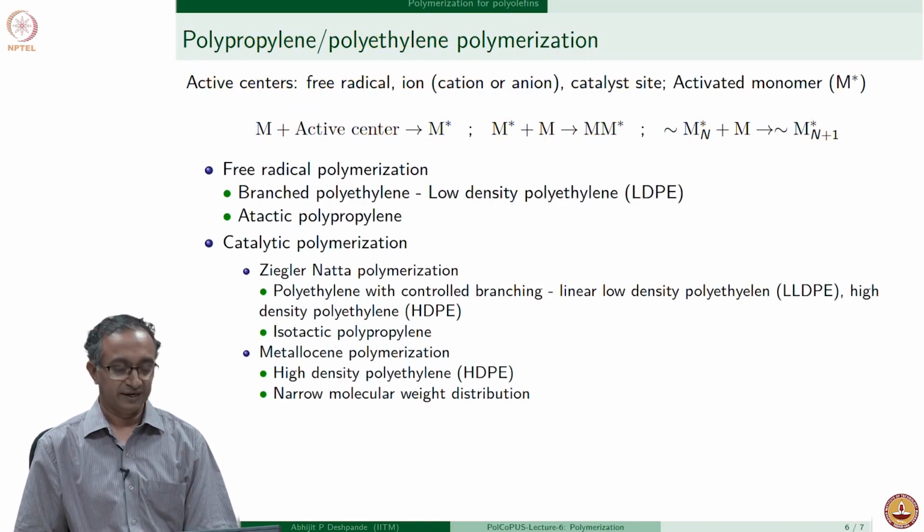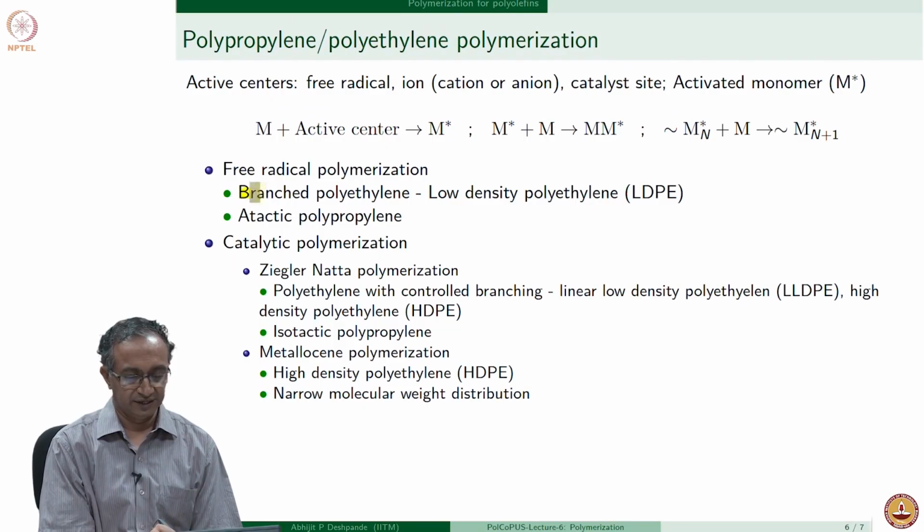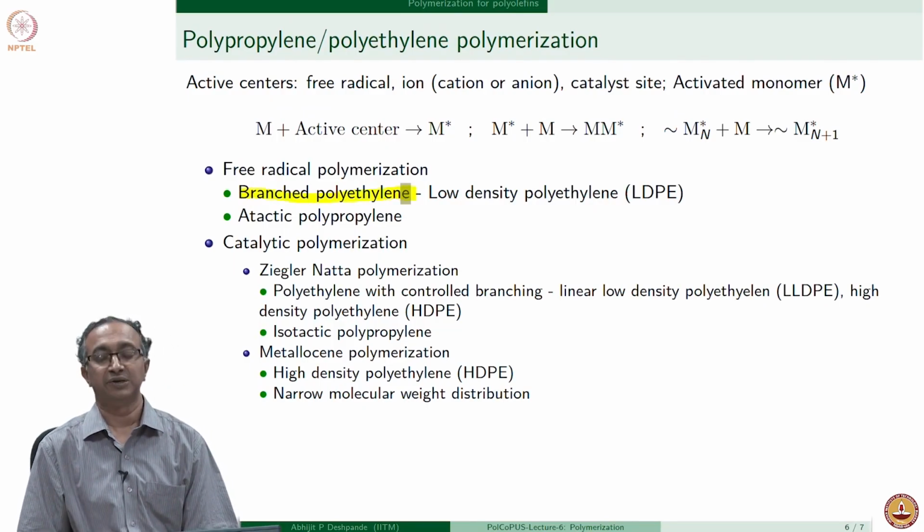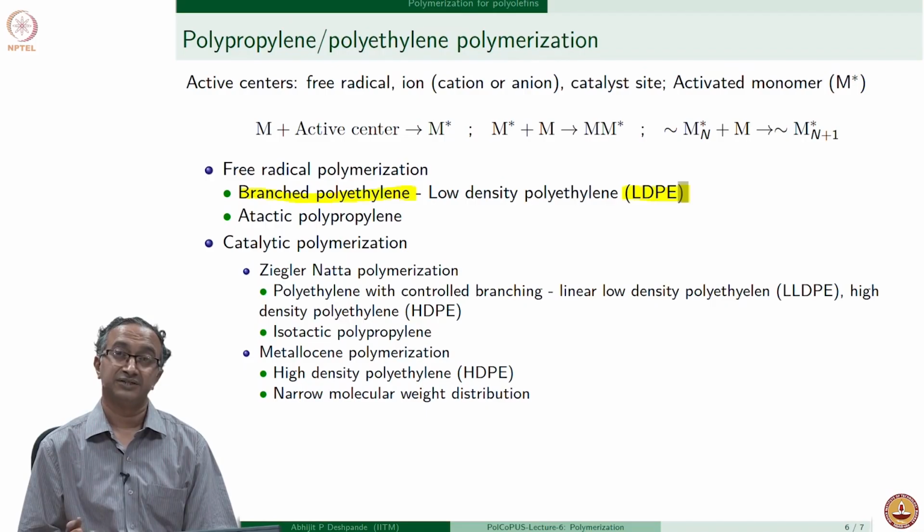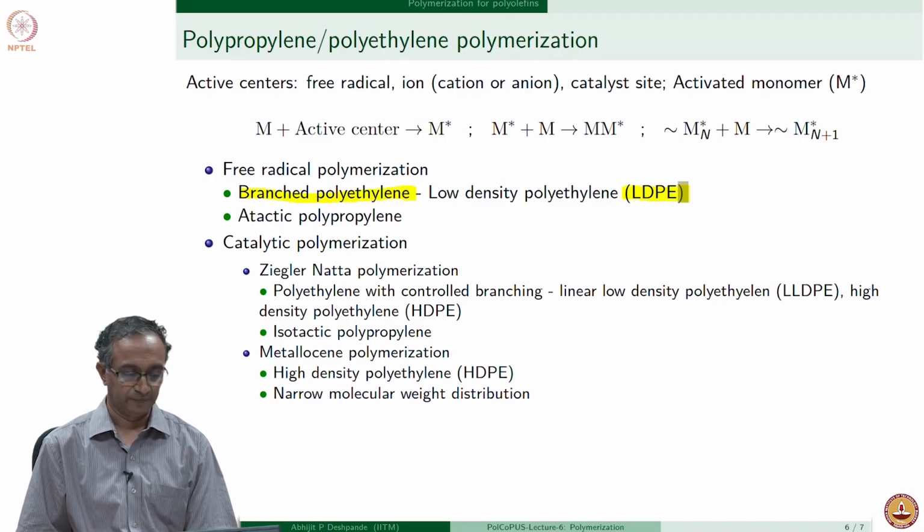Free radical polymerization generally is used to get branched polyethylene, and in fact most of the earlier polyethylene produced was low density polyethylene, where, as we mentioned in our introductory lecture, branches are much larger and the number of branches is high.